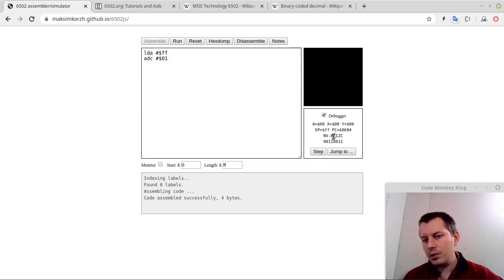Now this one is interesting: decimal, which is responsible for packing decimal digits, and this is going to be covered a little bit later within this tutorial. The interrupt flag also, I don't know where exactly we can use it. In this particular environment, it doesn't really seem to be needed.